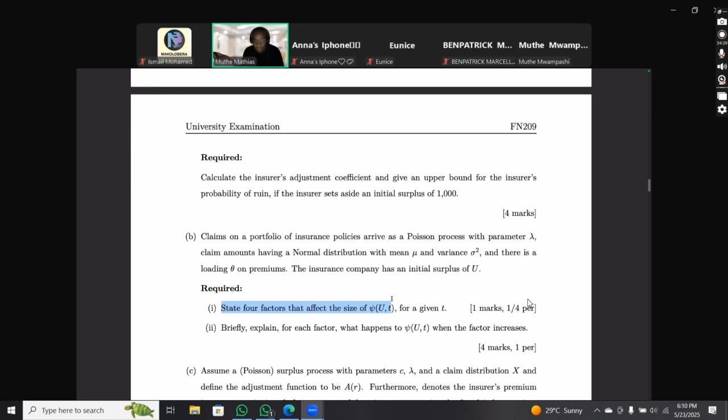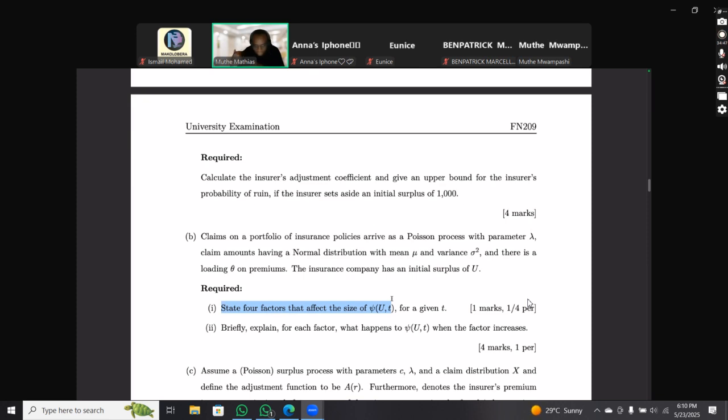This should be straightforward, because of the connection between the probability of ruin and the adjustment coefficient, right? And then you have to think about the adjustment coefficient itself.